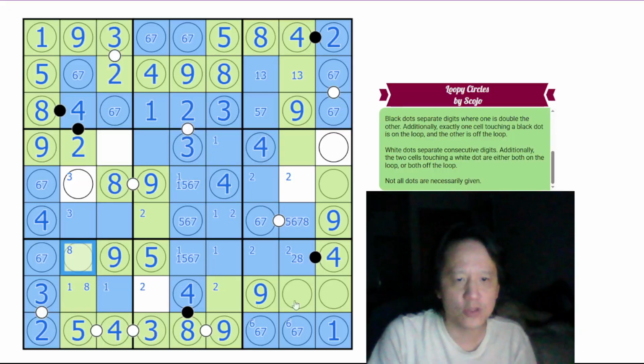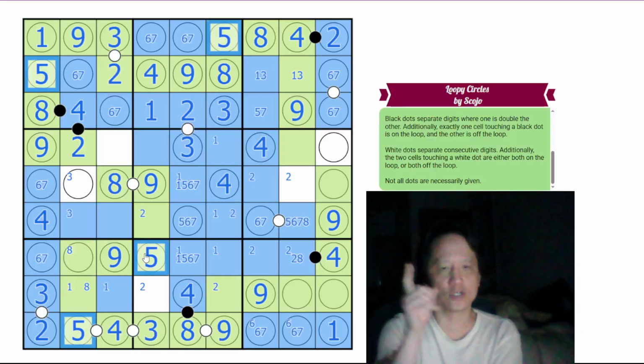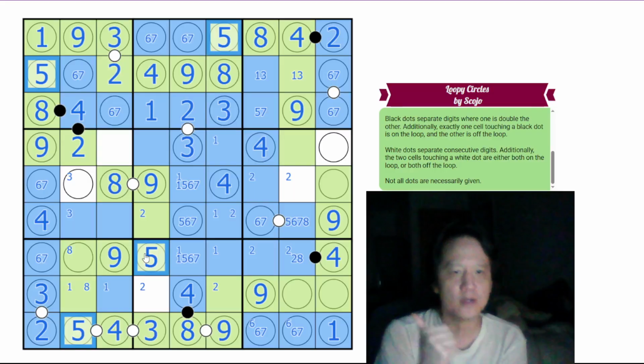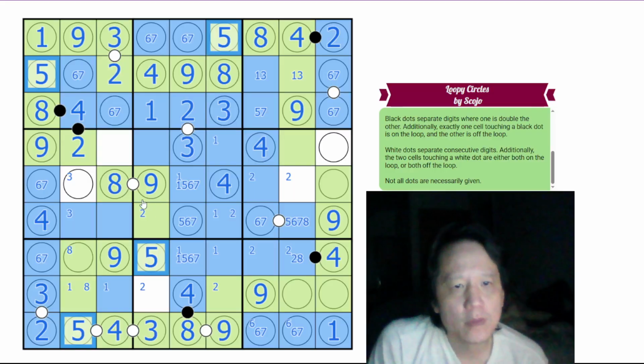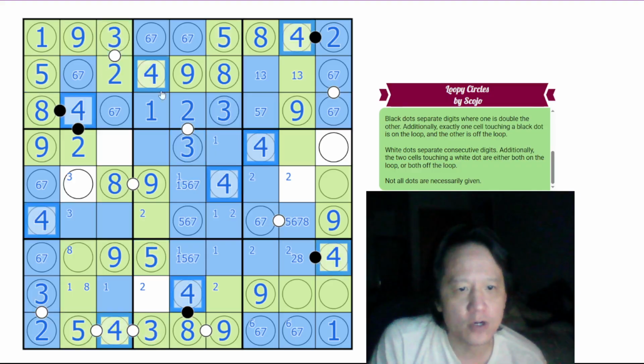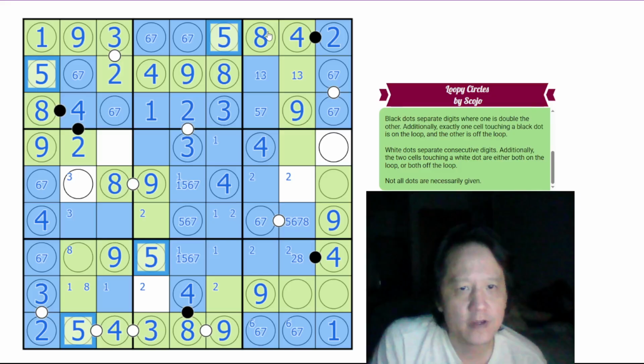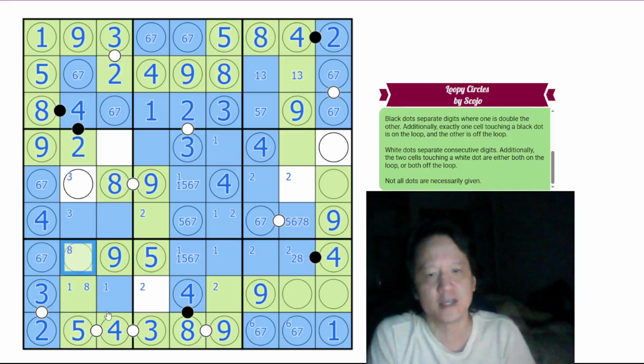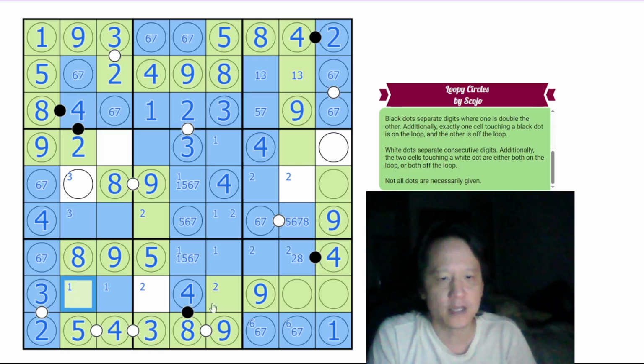It can't be 3, 4... Okay, so the digits in circles on the loop left are 3, 4, 5, 8, and 9. This can't be 3, 4, 5, or 9, so this has to be 8. Which means this cannot be 8. This has to be a 1 with a 6 or 7 here.